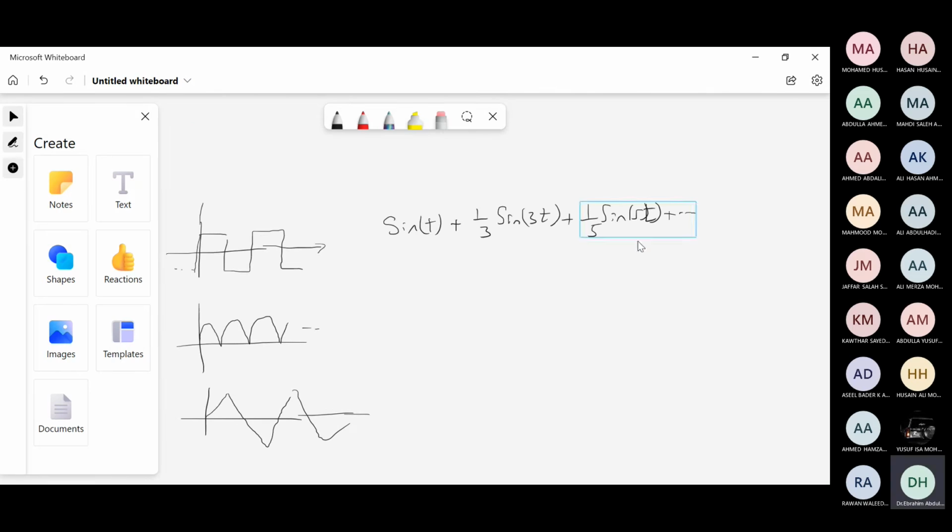Okay, so this is sinusoid. So we don't need to go into this one. This one full wave, it is equal to dc plus 2/3 cosine of t minus 2/15 cosine 2t and so on.